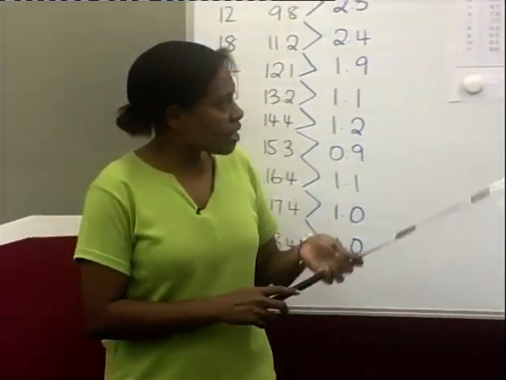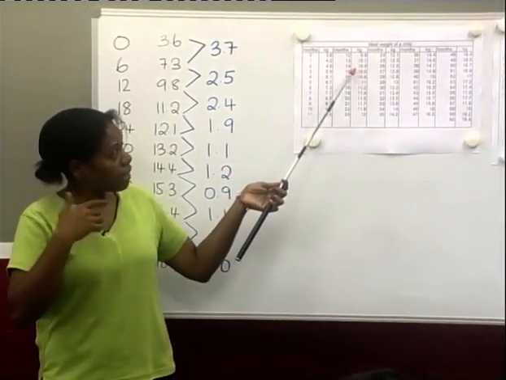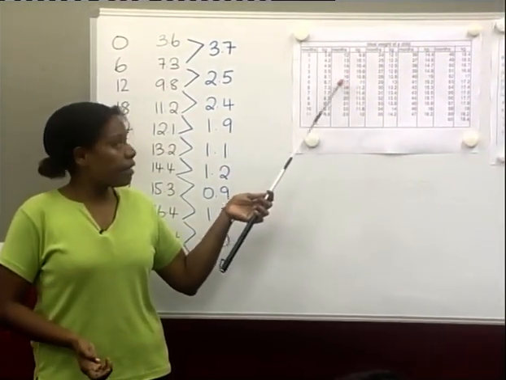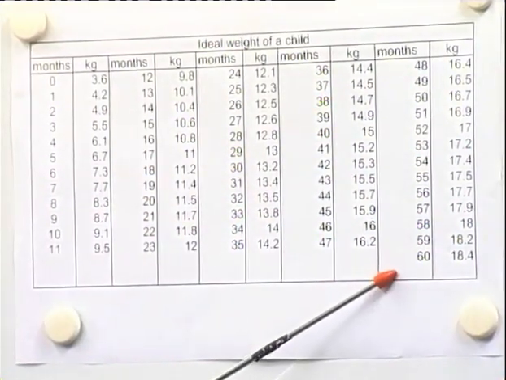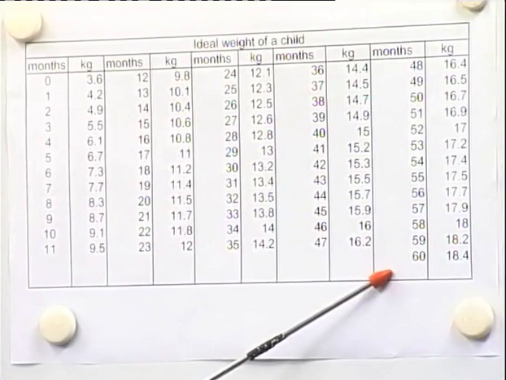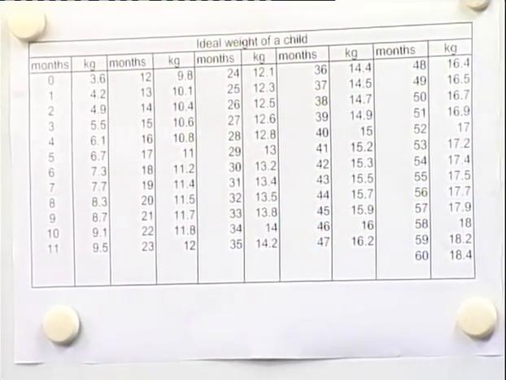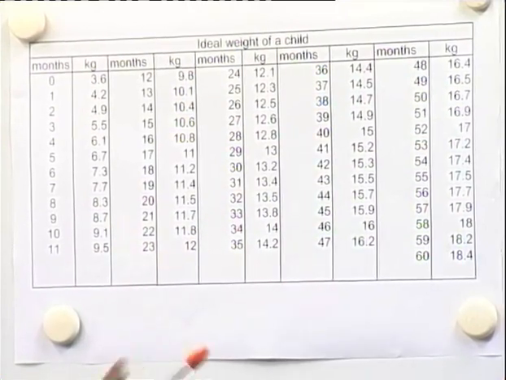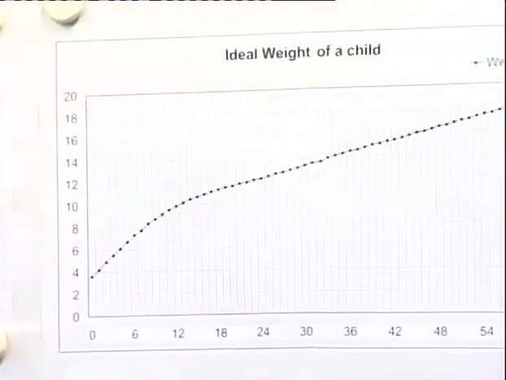As you can see, this is the ideal weight of a child from 0 months to 60, or in other words, 0 to 5 years old. So this table has also been plotted in a graph form.